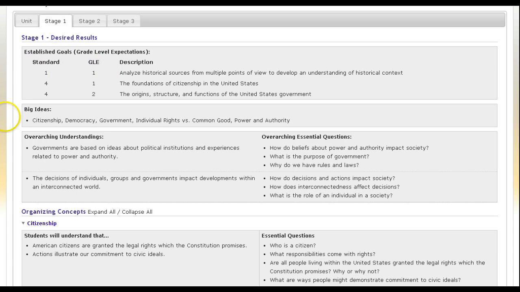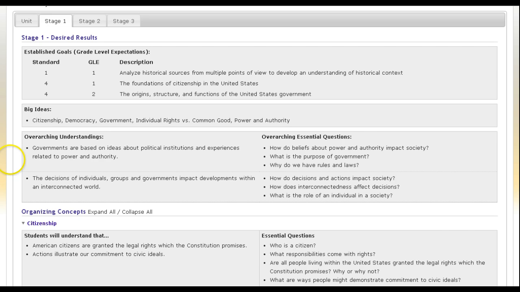So you can see where those come from. Also, the overarching understandings, which involve where we want students to be by the time they graduate from high school. So you can see where students are going, and you can think about what is my role in this type of learning, and how am I helping students to build towards this final understanding?